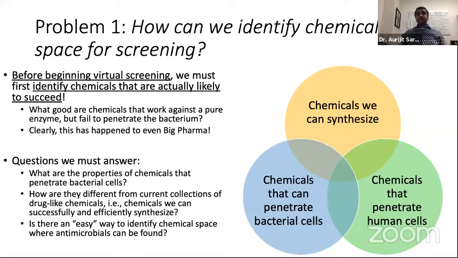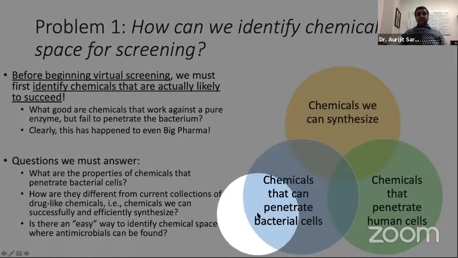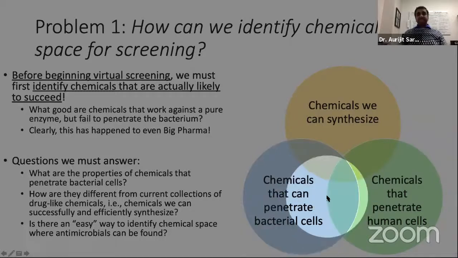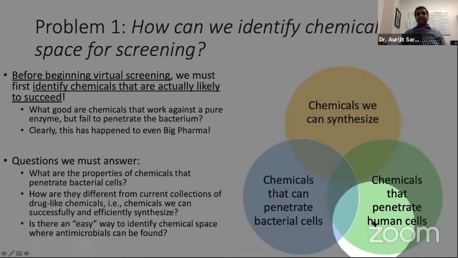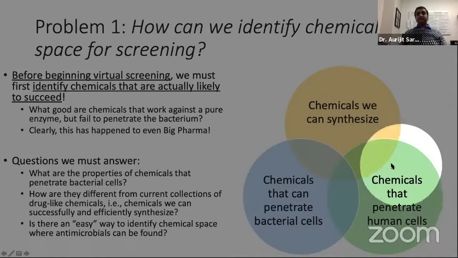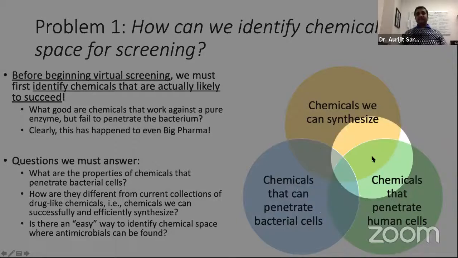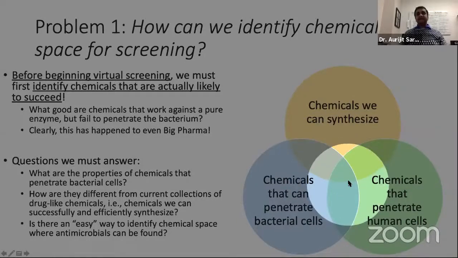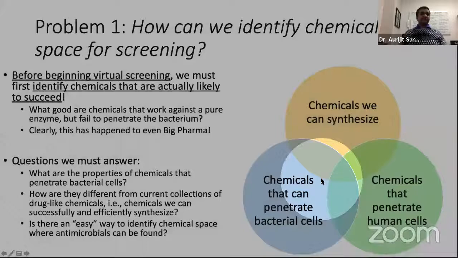Number 2, here are the chemicals that can penetrate the bacterial cells. And number 3, these are chemicals that can penetrate the human cells. We need to identify some combination of these 3 that will help us identify antimicrobials that will work against the pathogen.